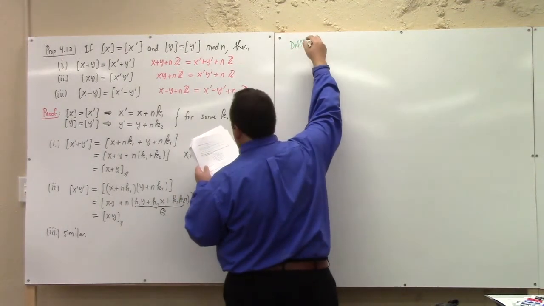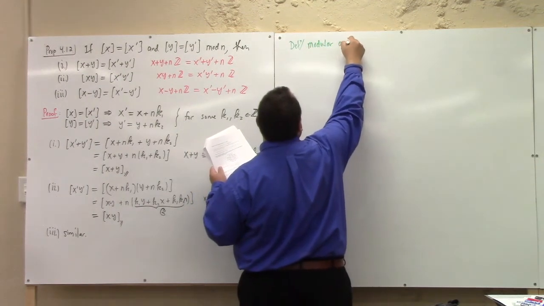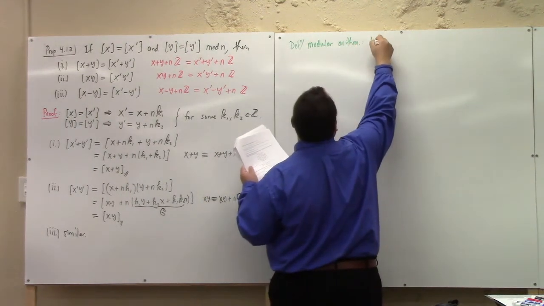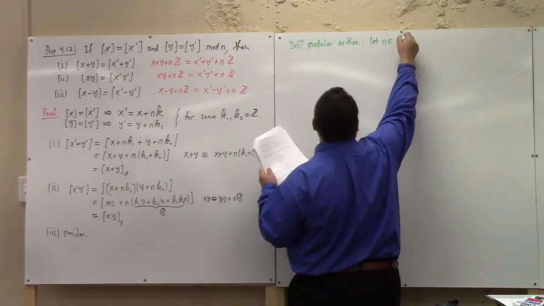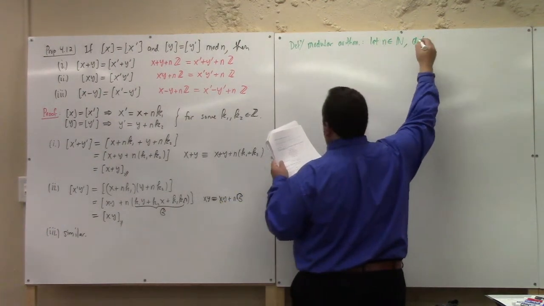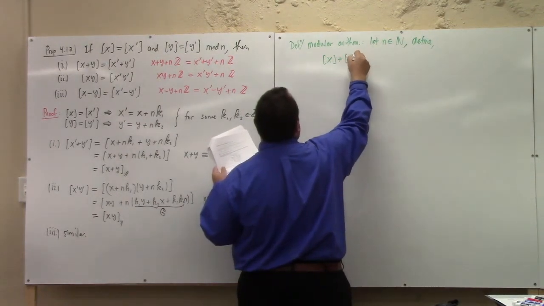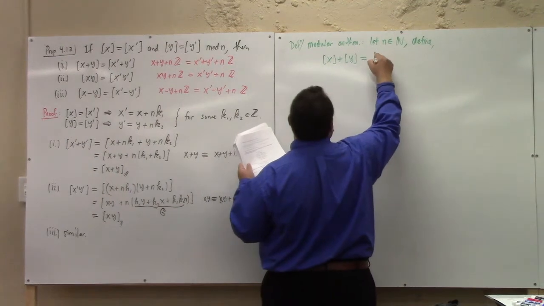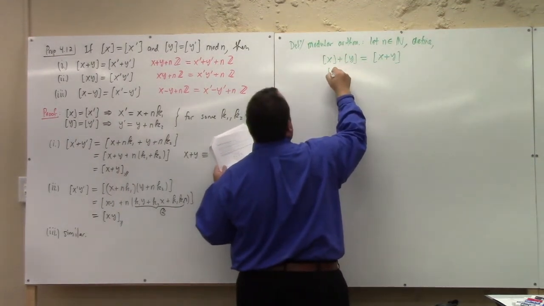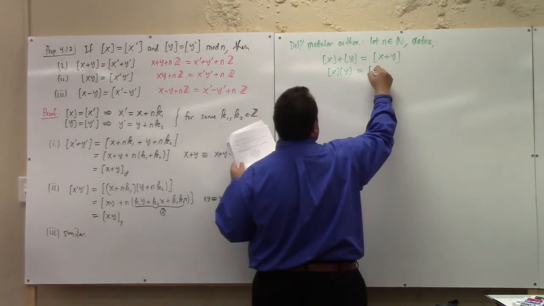Definition. Modular arithmetic. All right. Let n be a natural number, and define [x] plus [y] is equal to [x plus y], and [x] times [y] is equal to [xy].